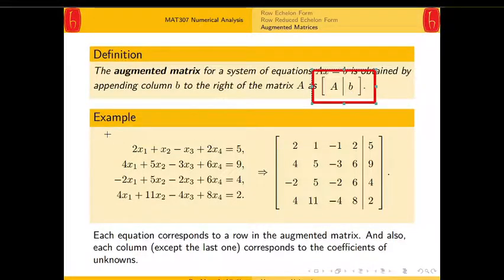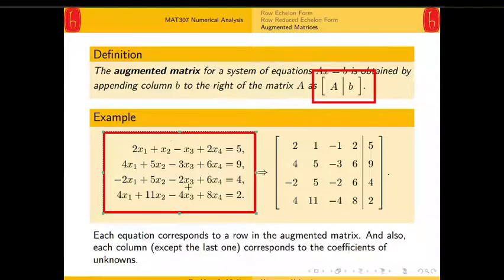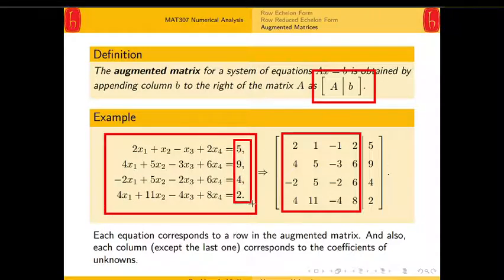For example, in this system of equations, the coefficient matrix is in the left block and the constants are in the right block: a matrix block and a vector block. This is an augmented matrix.